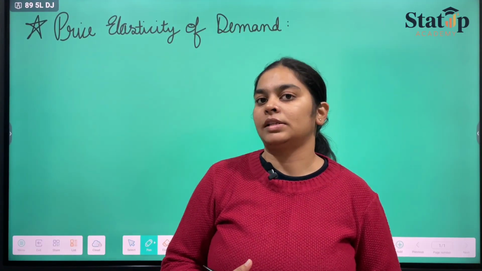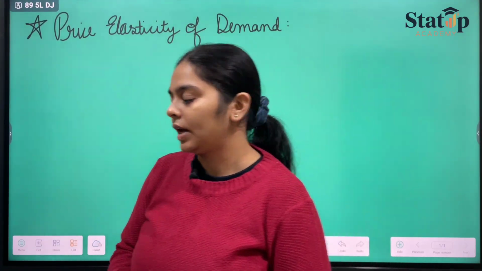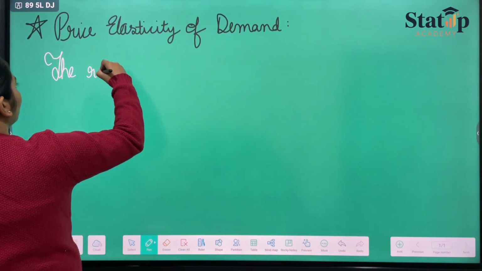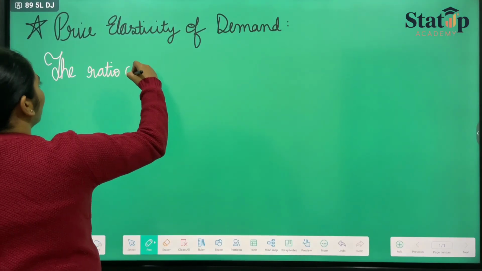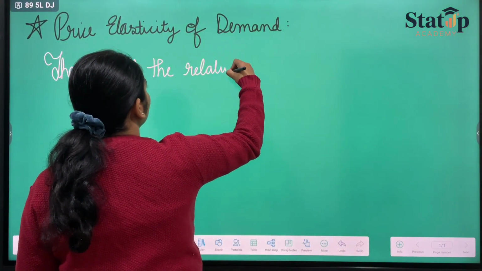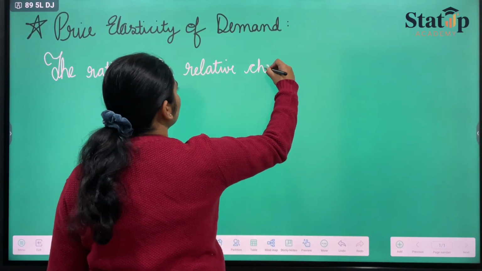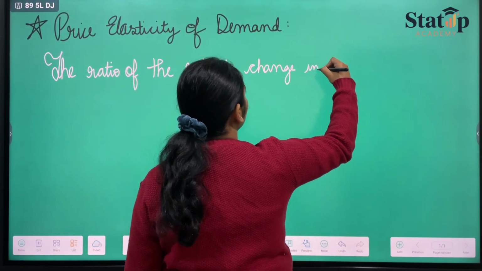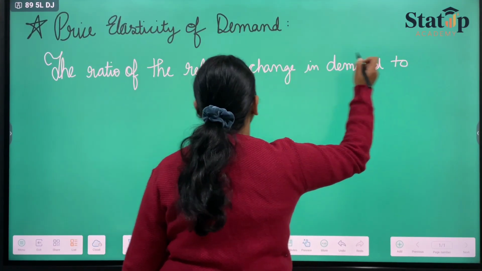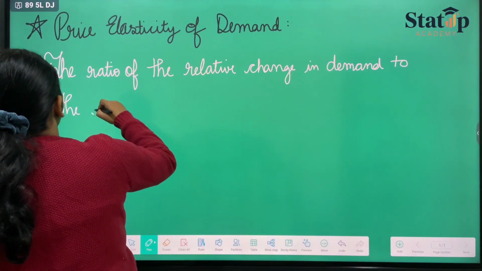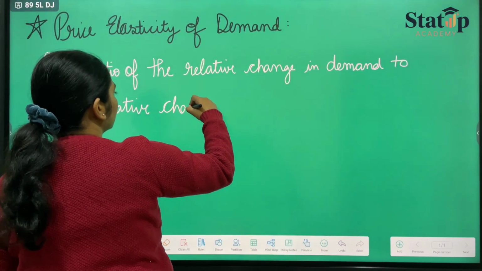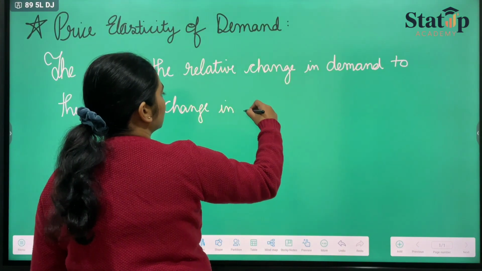We can write the definition as the ratio of the relative change in demand to the relative change in price.